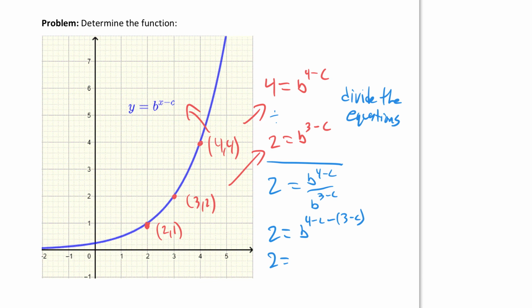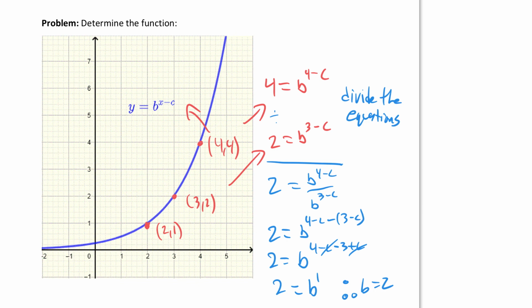So we get 2 equals b to the 4 minus c minus 3 plus c. And the c's cancel. 2 equals, well, 4 minus 3 is 1, so we get b equals 2. Now, I know that was a little weird, but it's a kind of interesting technique.